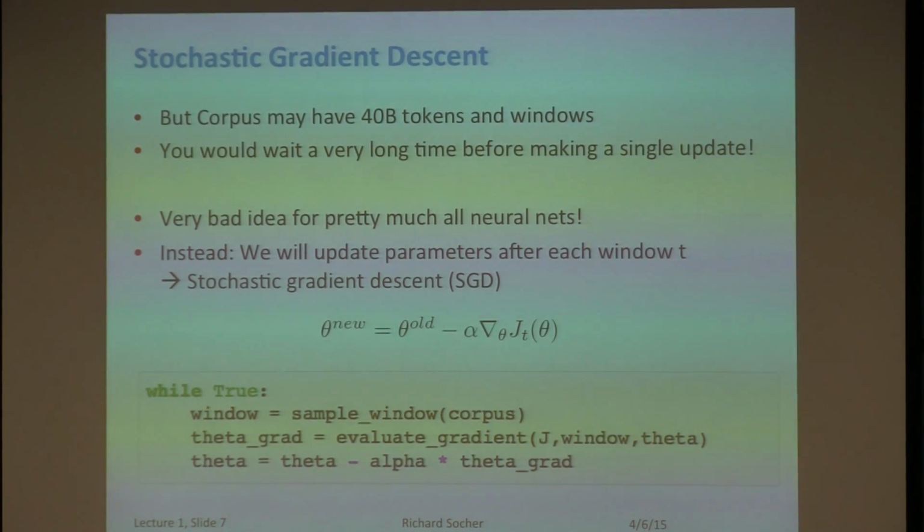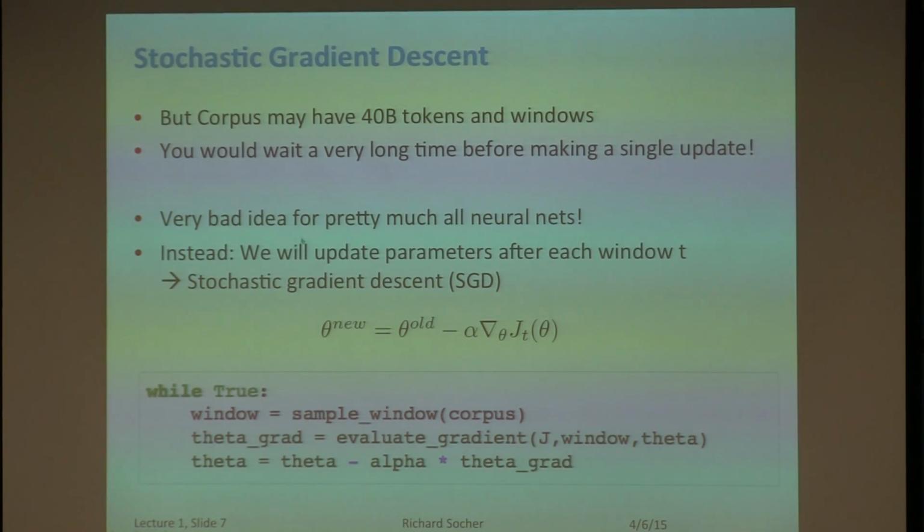That turns out to be a very bad idea for pretty much all models that we'll look at in this class. In all these cases, what we'll instead want to do is to basically update the parameters at each window right away. Because then the next update will be a little better than making an update from purely random word vectors. And this is what we'll call stochastic gradient descent.